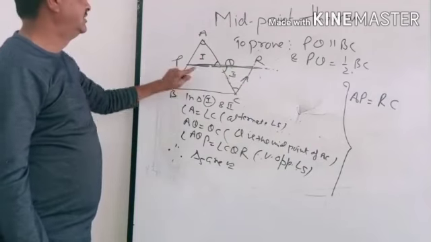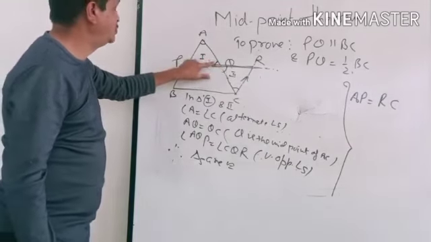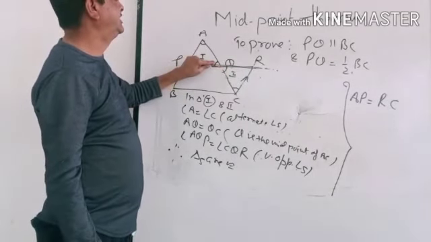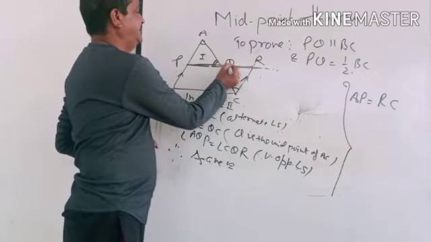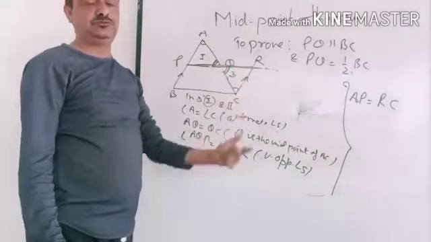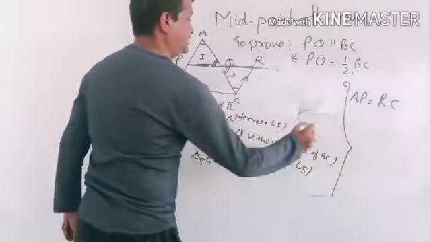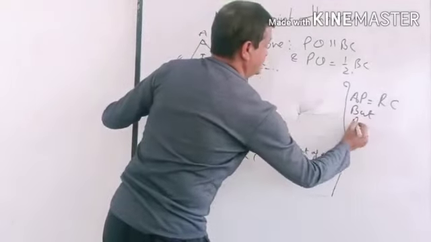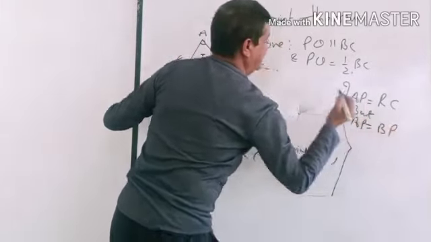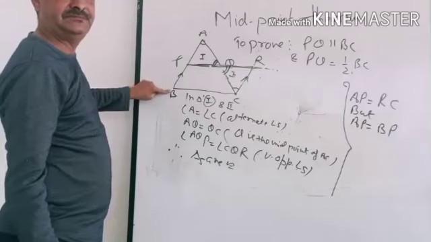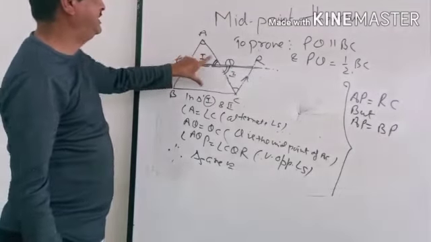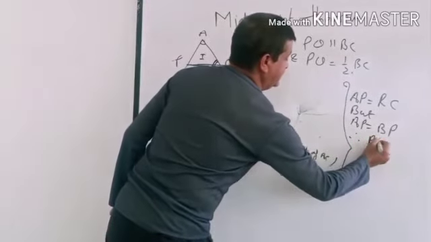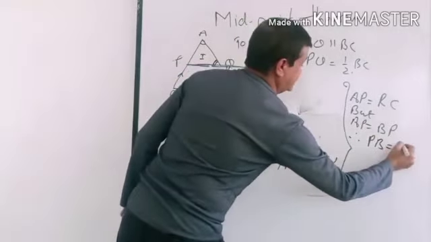If two triangles are congruent, their corresponding parts are equal, and corresponding parts are the sides just opposite the equal angles, they are corresponding and equal to each other, right? But AP is equal to BP. Why? P is the midpoint of AB. It means PB and RC are equal. Therefore, PB is equal to RC.